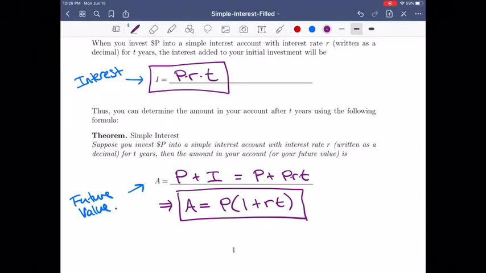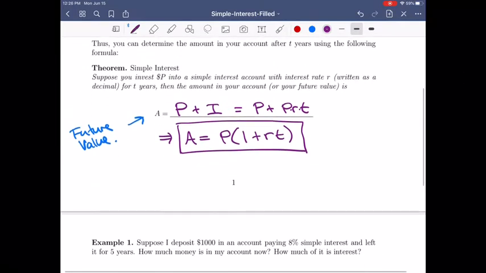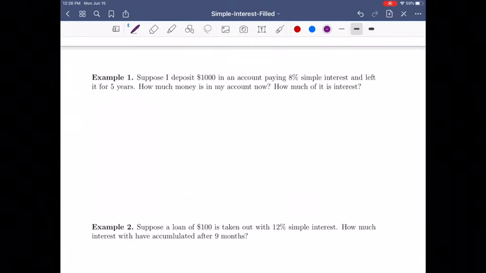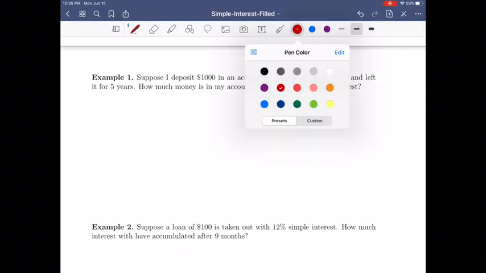So let's do a couple of examples using this. Suppose I deposit $1,000 in my account that pays 8% simple interest, and I leave it for 5 years. How much money do I have? The first thing that I like to do is write what I know, what was given.